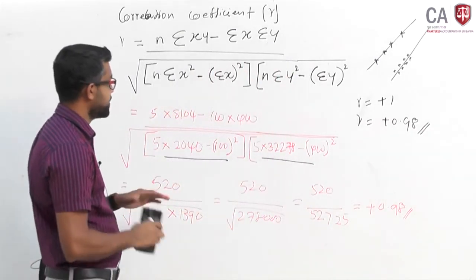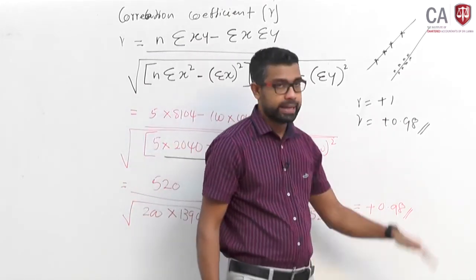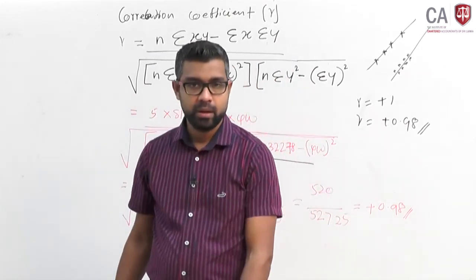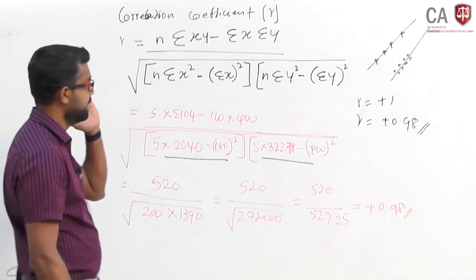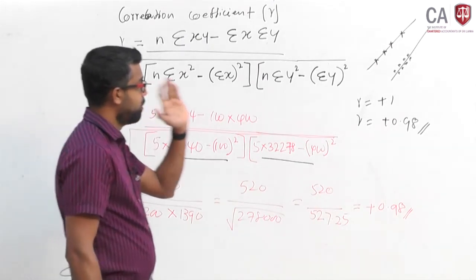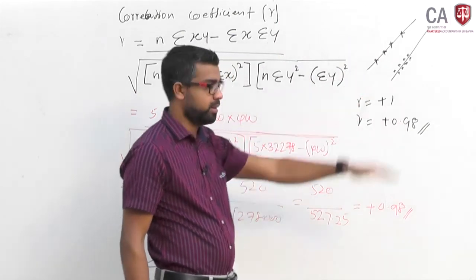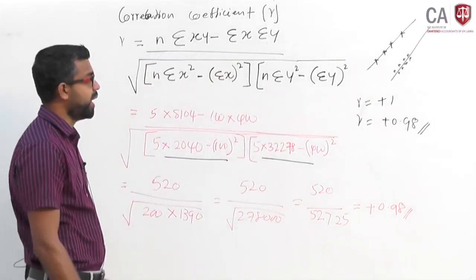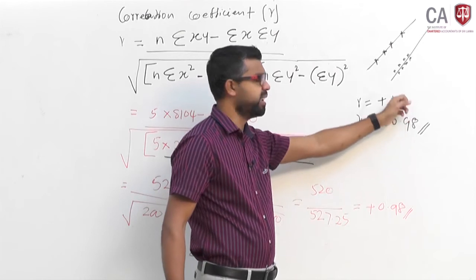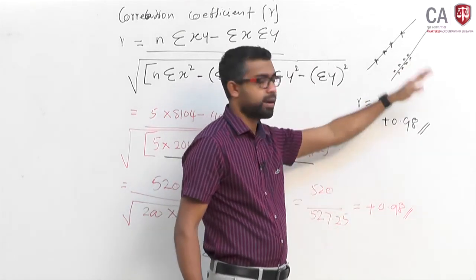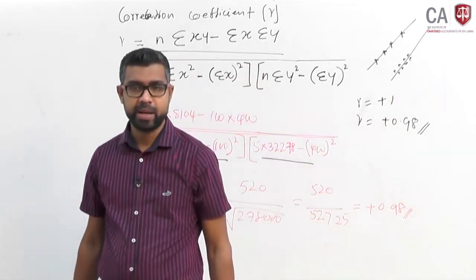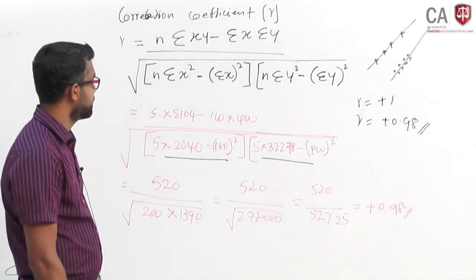When sales output increases, cost also increases; there is a very high chance of that, because it's close to 1, this 0.98. It goes very close to the line, but not on the line. That is the meaning of this.